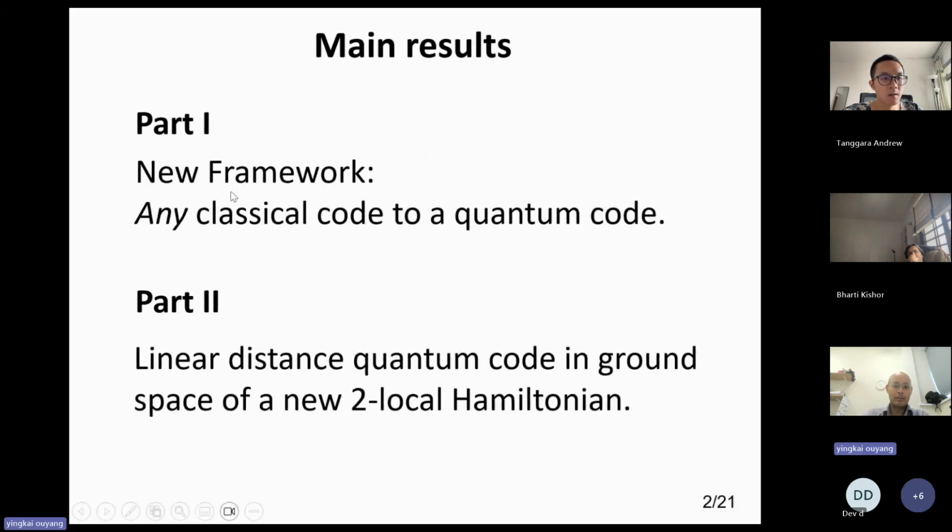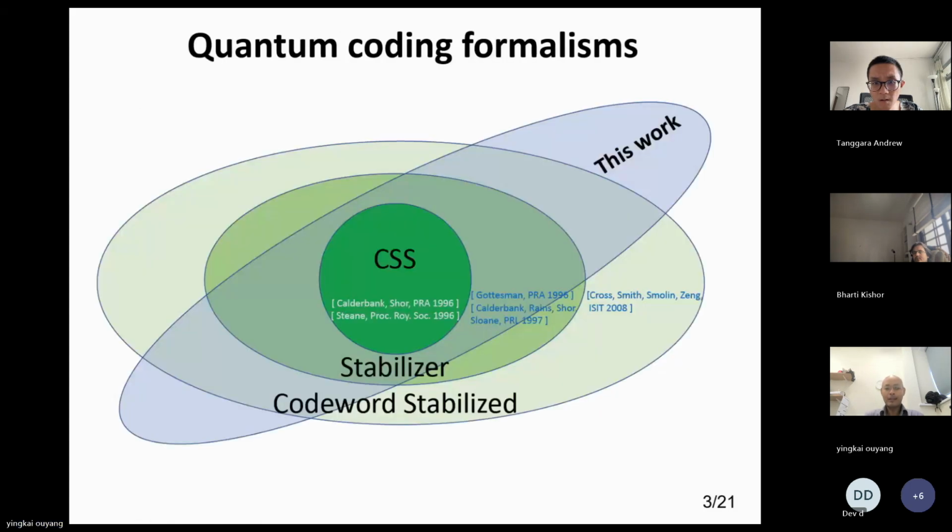All right. So about the main results. There are two parts to the work. One is a pure coding theory type of result, and the second part is how we can apply this method of code construction to put a code in the ground space of a two-local Hamiltonian.